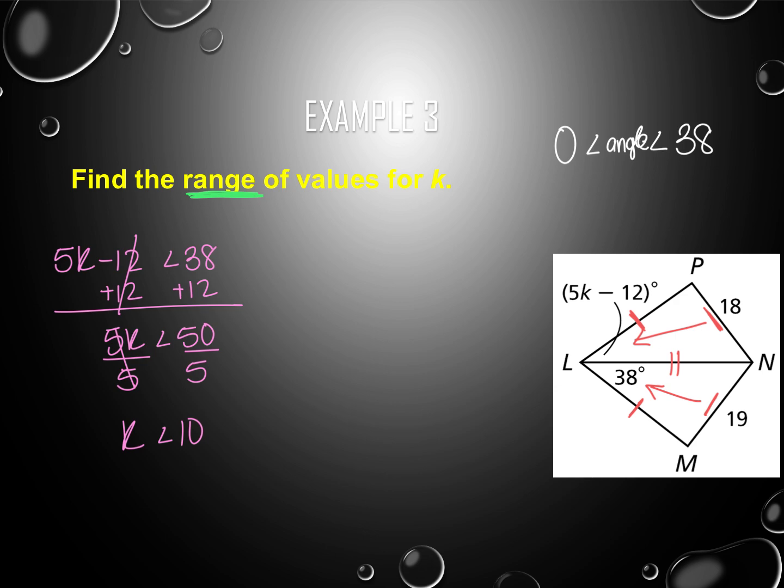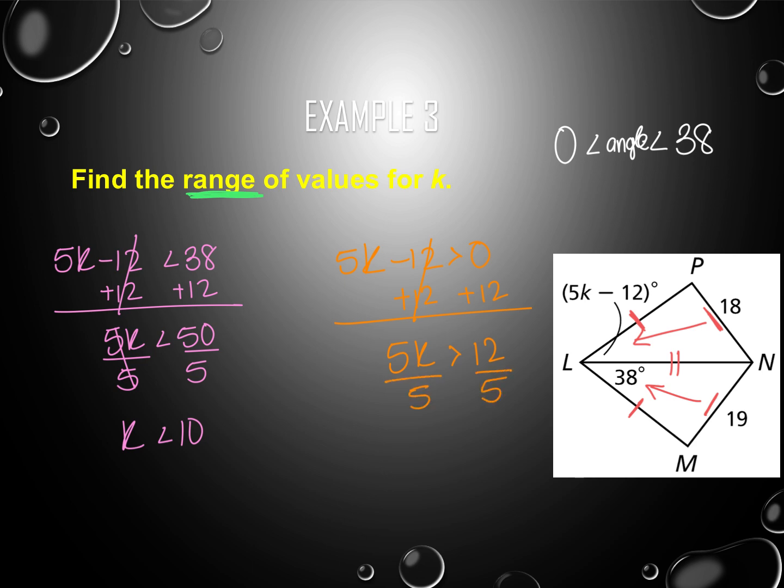So solving this, I'm still dealing with 5k minus 12 is greater than 0, and this is what I'm going to solve for. So going ahead and doing the same thing as before, solving for k. 5k is greater than 12.